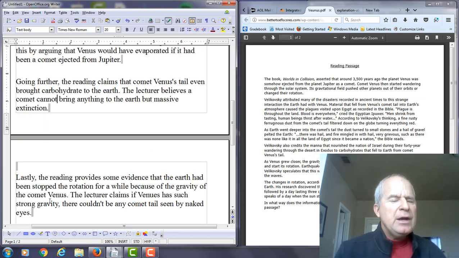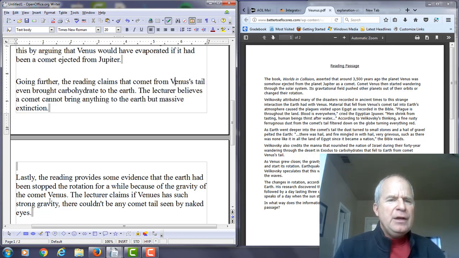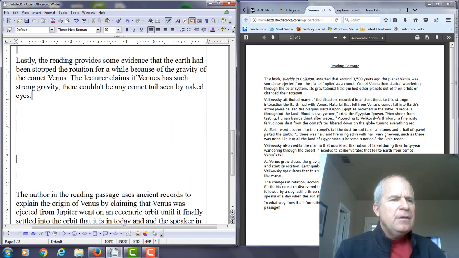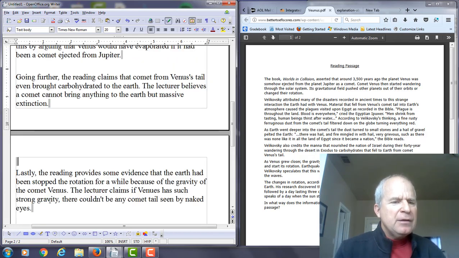Going further, the reading claims that the comet from Venus's tail even brought carbohydrates to the Earth. The lecturer believes a comet cannot bring anything to the Earth but massive extinction. Then you see here, lastly, the reading provides some evidence that the Earth had been stopped.